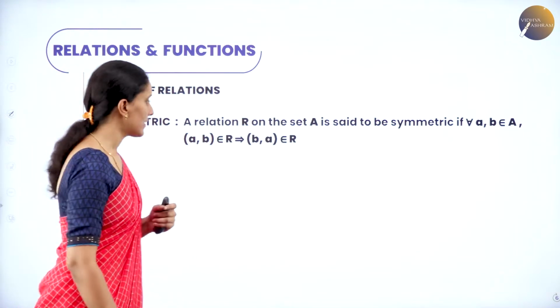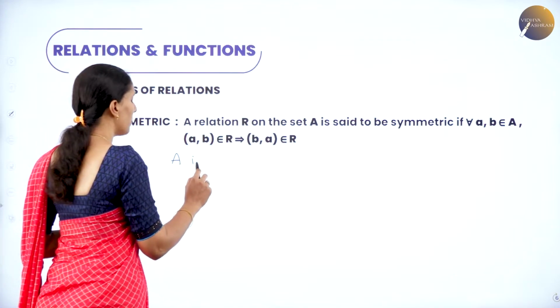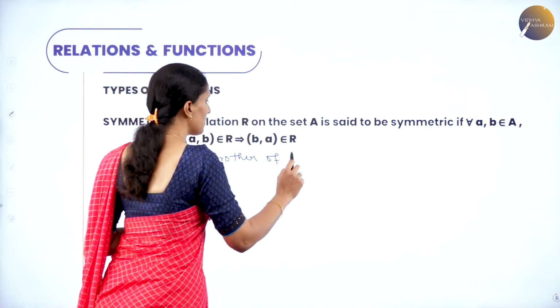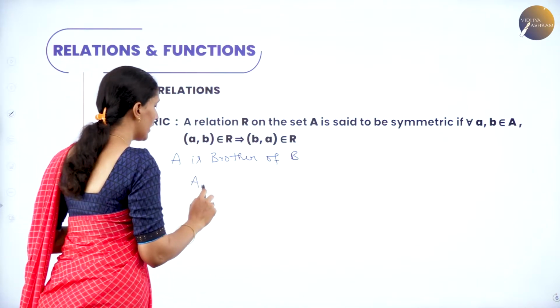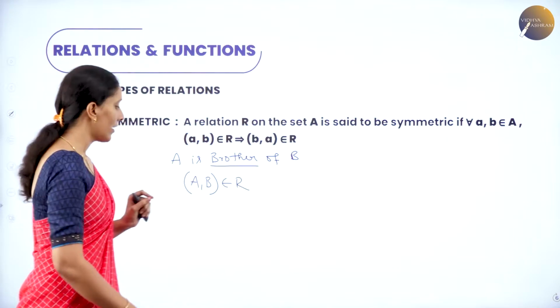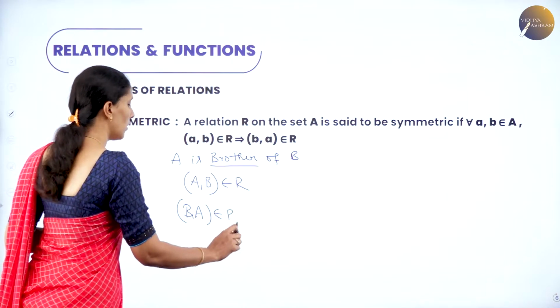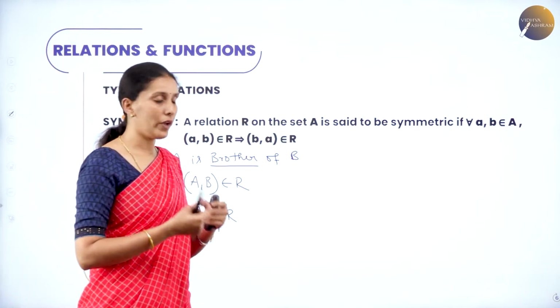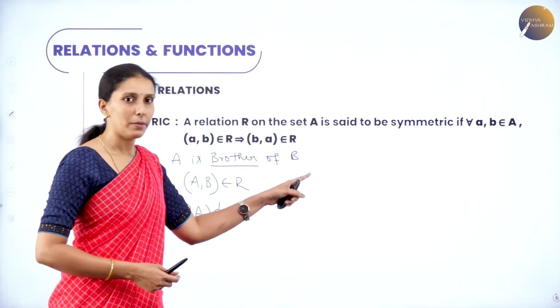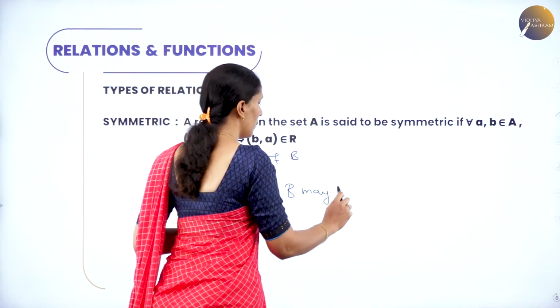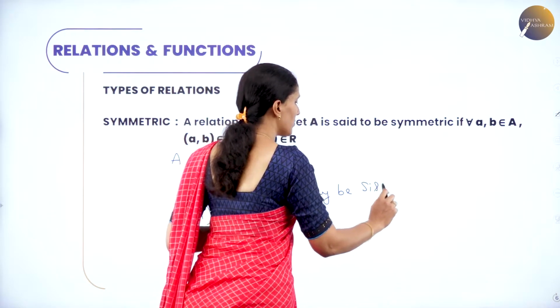Now let me take an example. A is brother of B. So that means we can write (A, B) belongs to R. Can I write (B, A) belongs to R? No, I cannot write, because I don't know whether B is a brother; B may be a sister also.